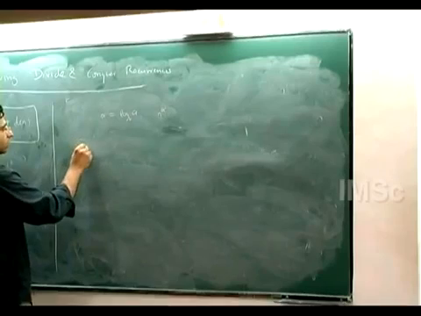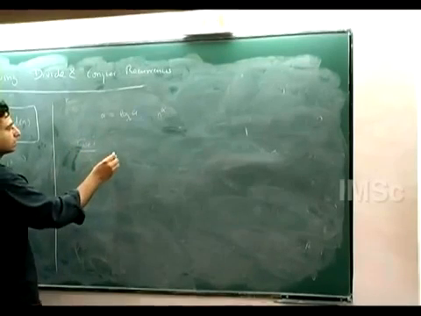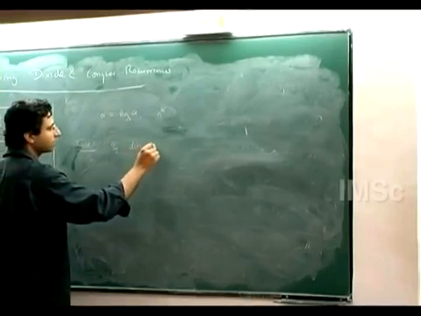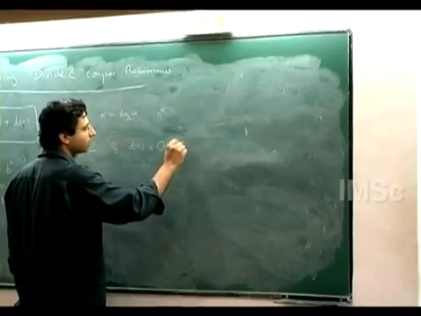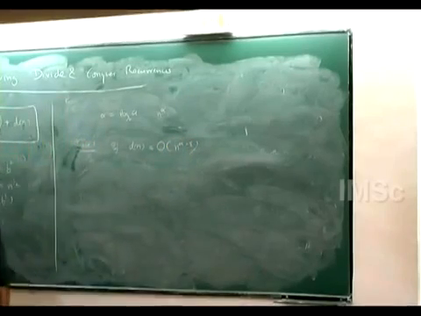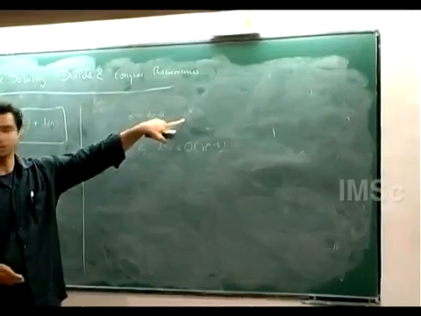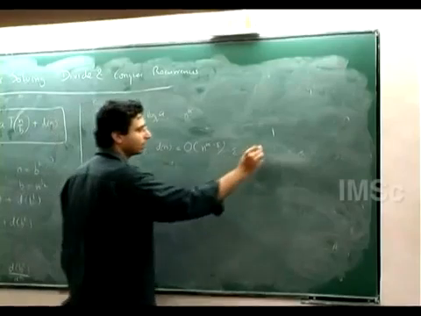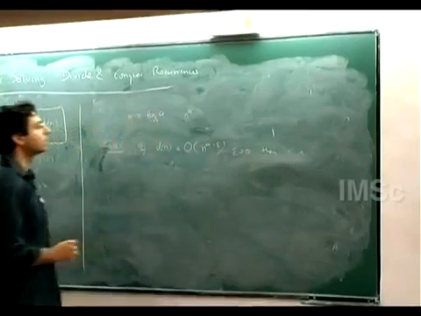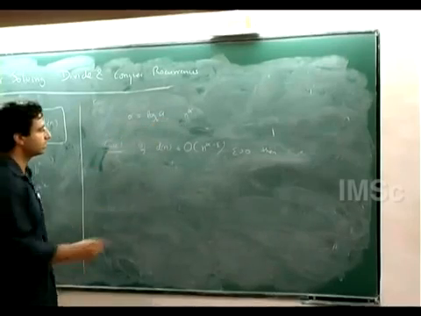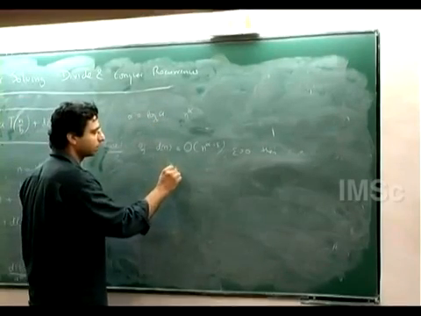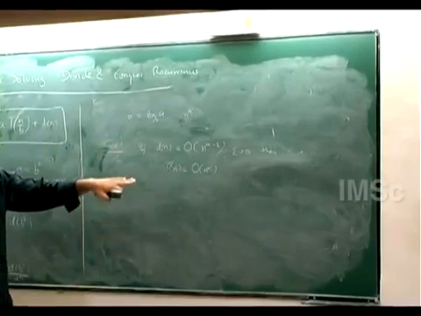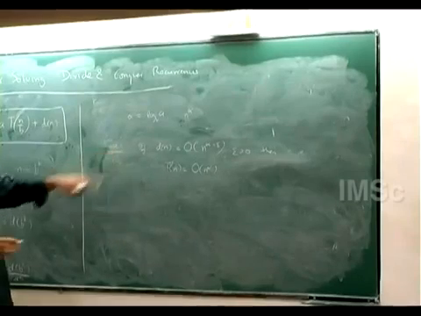And there are 3 cases. The first is if the driving function is polynomially smaller than the watershed function n raised to alpha, that is, smaller by n raised to epsilon for some epsilon greater than 0. If that is the case, then the watershed function is going to dominate the sum.